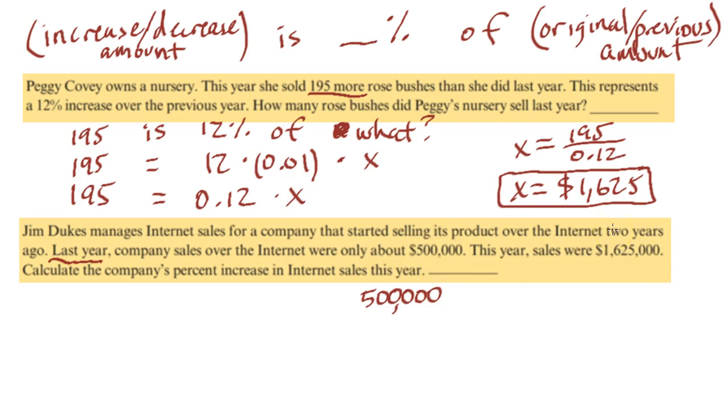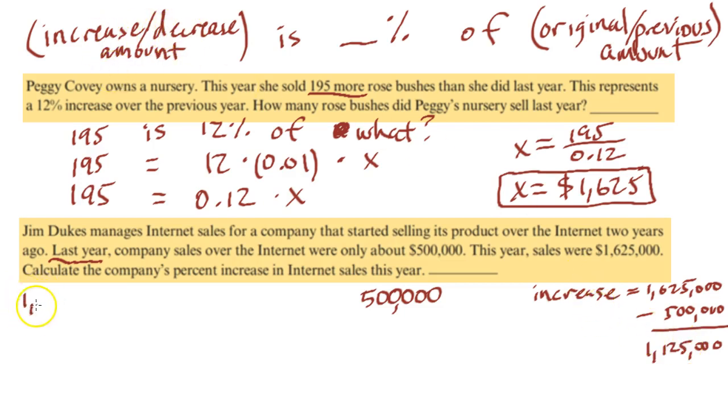So the increase is 1,625,000 subtract 500,000. That equals $1,125,000. So that is the amount it increased. So we're going to put that on the far left here, $1,125,000.